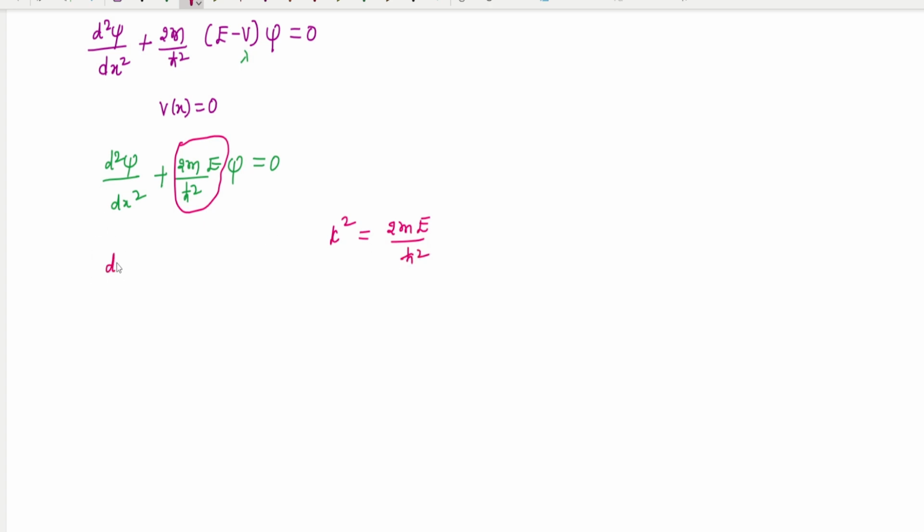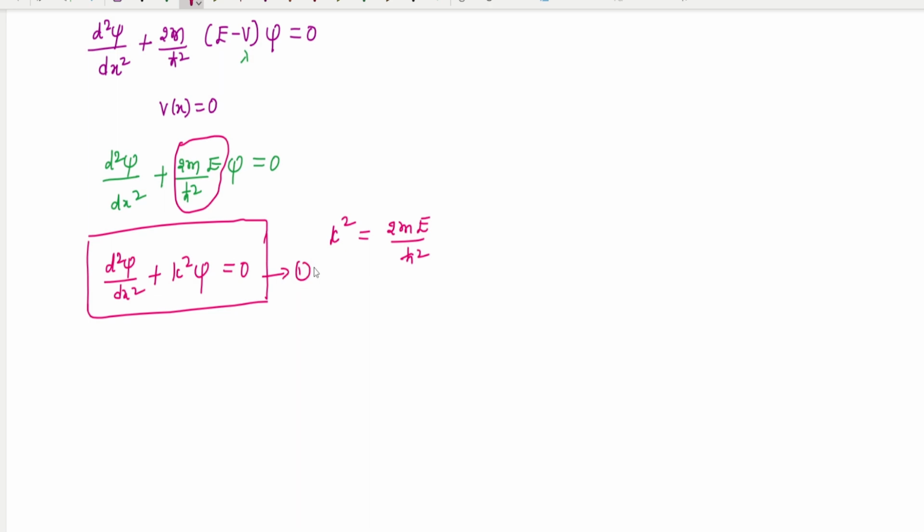Therefore I can write this equation as d squared psi by dx squared plus k squared psi equal to 0. I'm going to call this equation number 1.